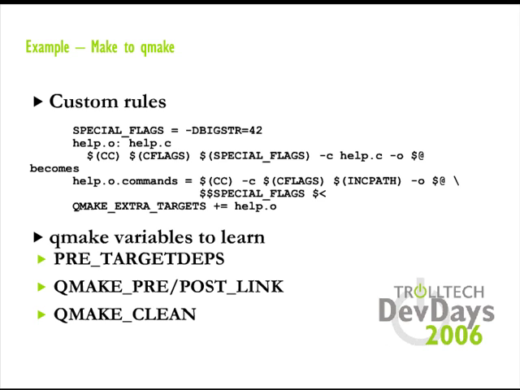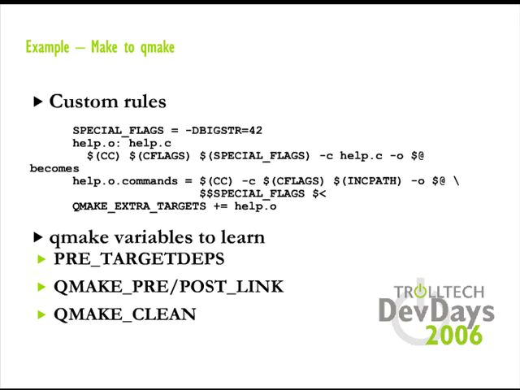The example here is, here we've got a module, help.o is dependent on that, and some rule to do it. And that was in make. In QMake, you can take any target, in this case help.o, and say dot commands after it. Put whatever you want after it. And then this little secret variable, QMAKE_EXTRA_TARGETS, you add in the target you want, and you get a custom rule. So I saved you an hour worth of looking right there.